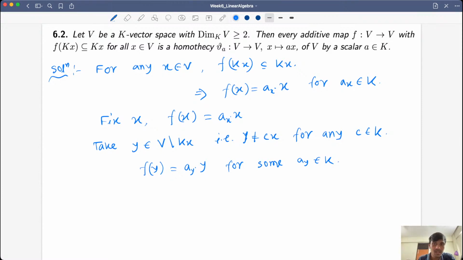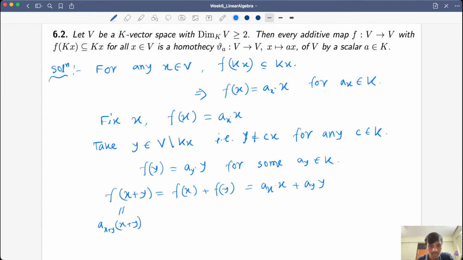So how do you show that? Then I need to use the additiveness of this map; we haven't used it yet. Due to the additivity, f of x plus y is f of x plus f of y, and f of x is a_x times x, and f of y is a_y times y. But x plus y is also an element in the vector space V, so f of x plus y is some a_{x+y} times x plus y, right?